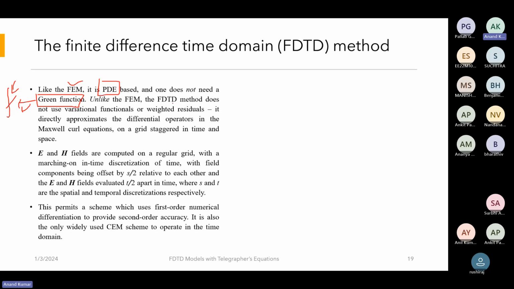But unlike FEM, the FDTD method does not use what are called variational functionals or weighted residuals. These are the two methods that FEM uses.